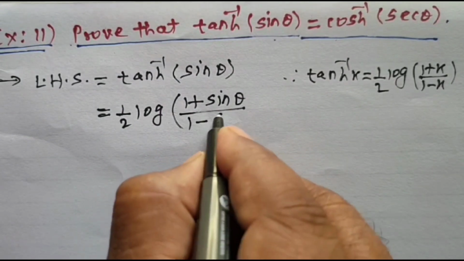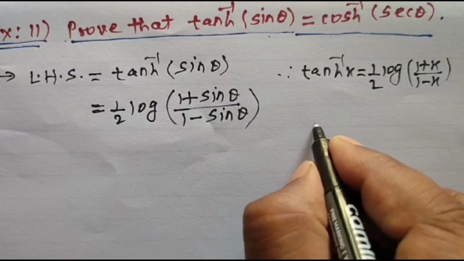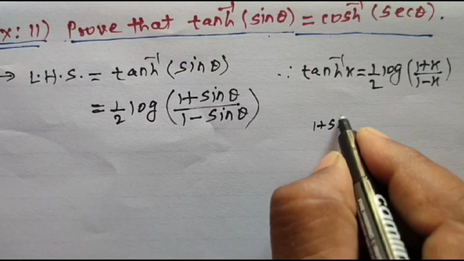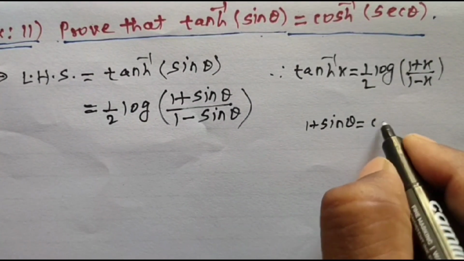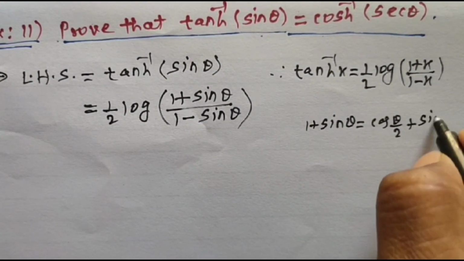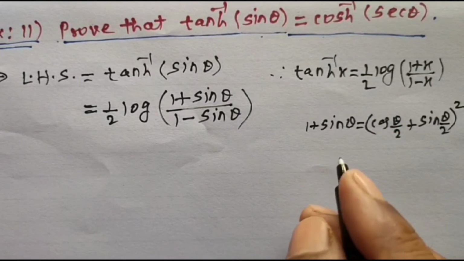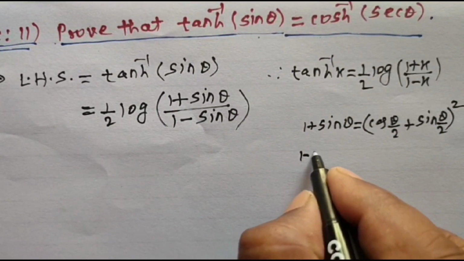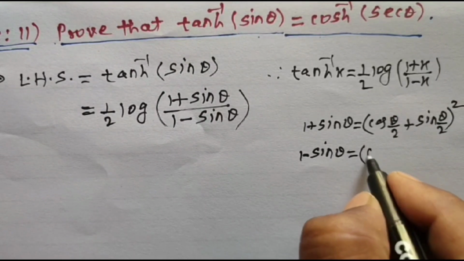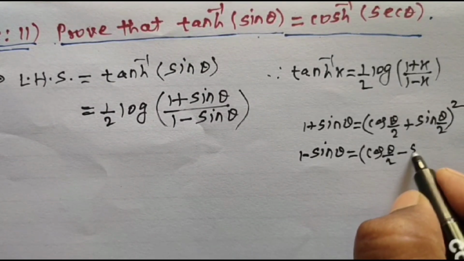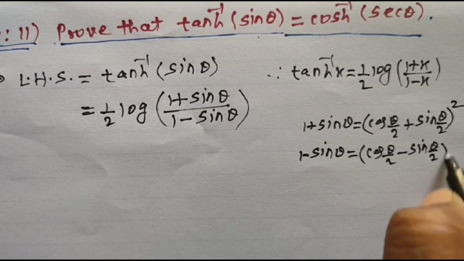1 minus sin theta. 1 plus sin theta can be written as cos theta upon 2 plus sin theta upon 2, square of this. Similarly, 1 minus sin theta can be written as cos theta upon 2 minus sin theta upon 2, square of this.